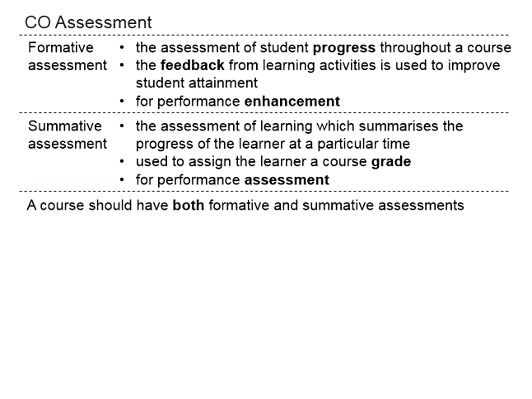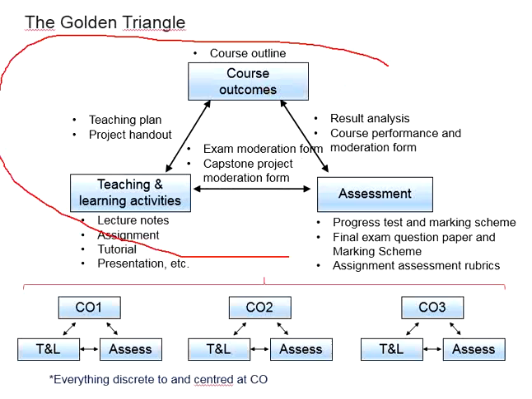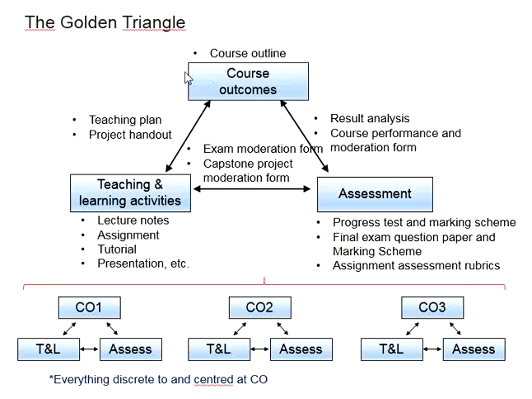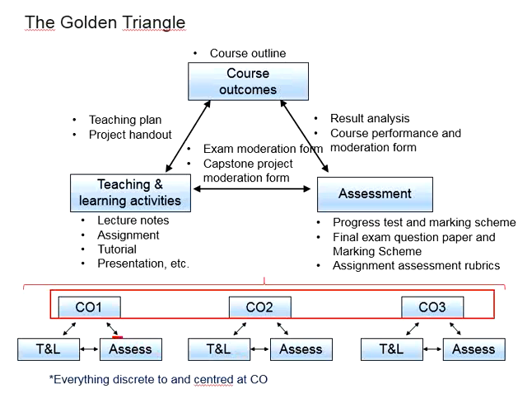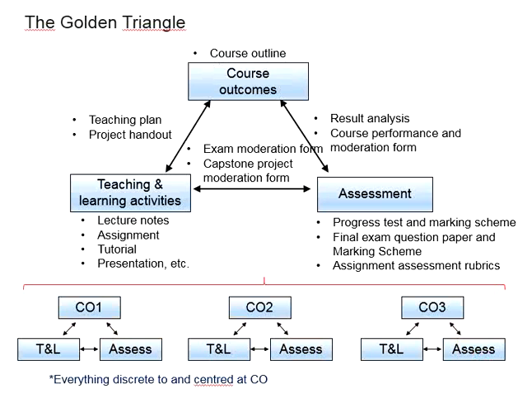Now let us talk about how specifically we can do the assessments for CO. You need to bear in mind the golden triangle here. We want to do the assessment for CO. That means there should be one assessment designated for one CO. Now, if you have 3 course outcomes, you will have a series of assessments for those course outcomes.